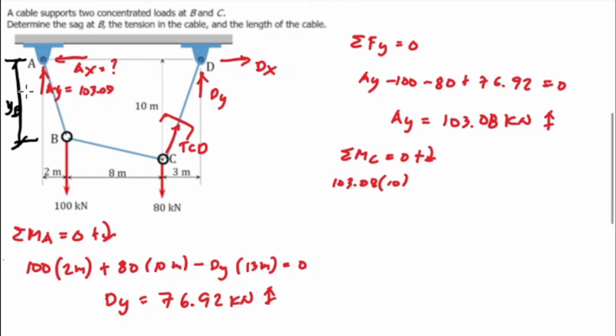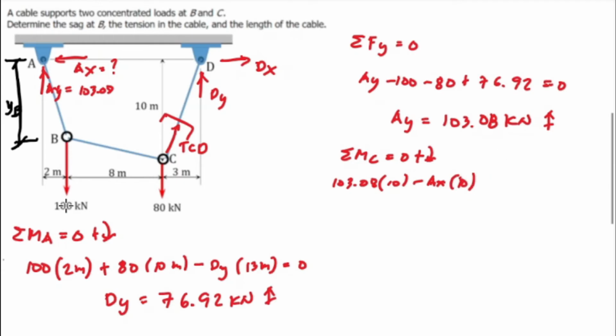A sub X is counterclockwise about C, so this will be negative A sub X, and the vertical distance from A to C is 10 meters, multiplied by 10 meters.